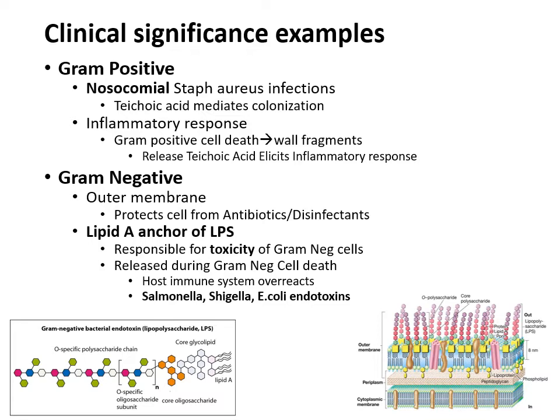And they also have lipids that include lipid A, and when the gram-negative cell dies and releases lipid A, this causes a major immune response and can show a lot of symptoms in the patient, especially inflammation and cell deterioration. Some examples of cells that do this are Salmonella, Shigella, and E. coli, all of which we're going to talk about in more detail in later lectures.